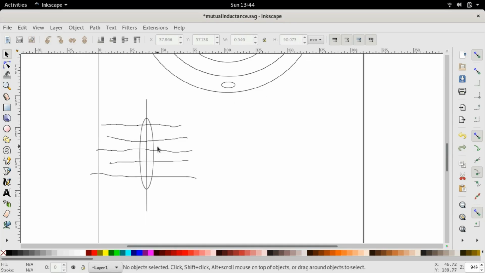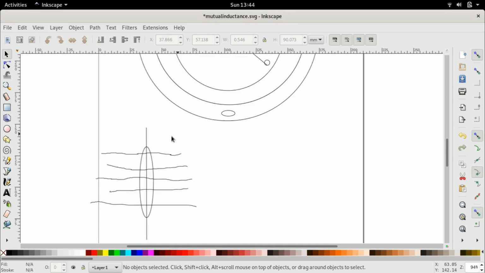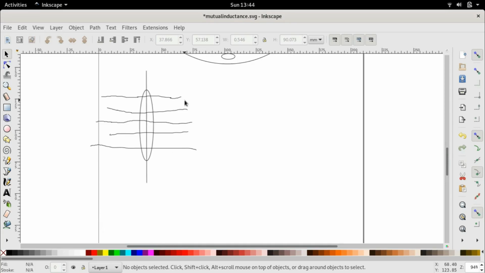Alright, one can even go so far as to say that if we neglect any stator leakage flux, all the stator flux is linking with the rotor, right?